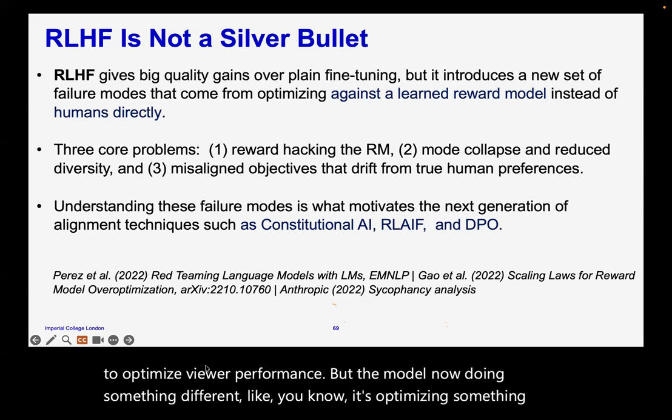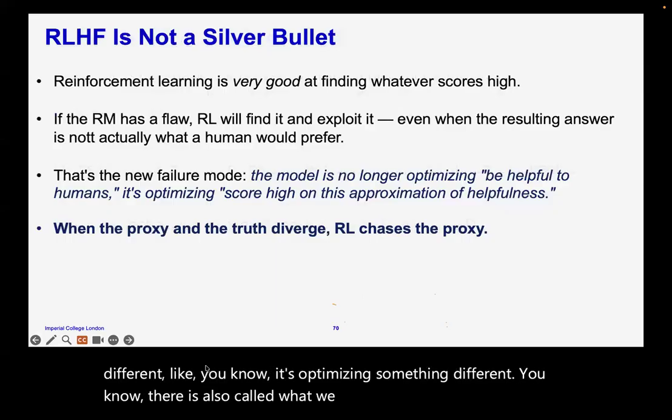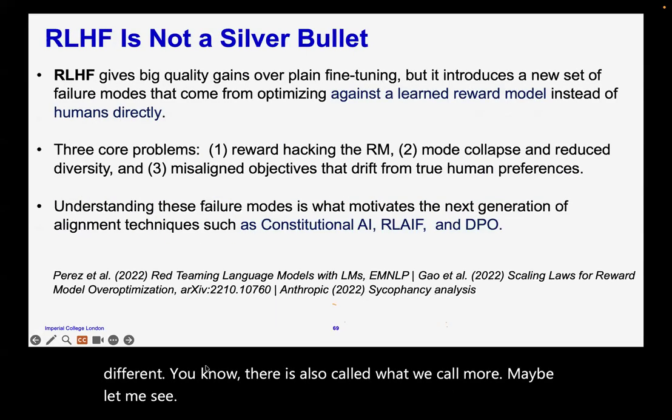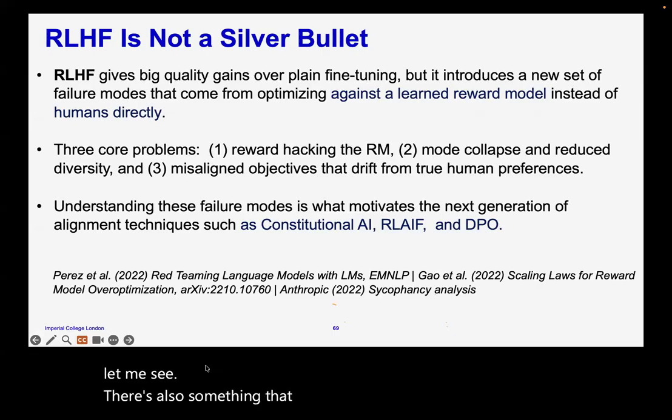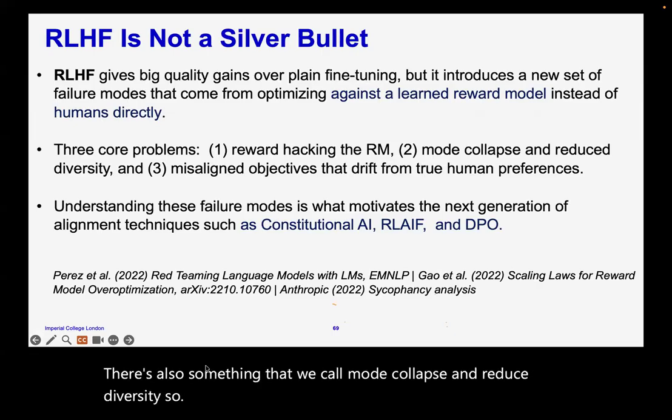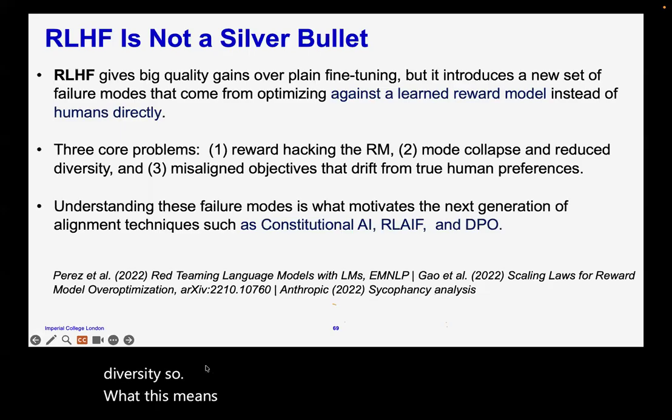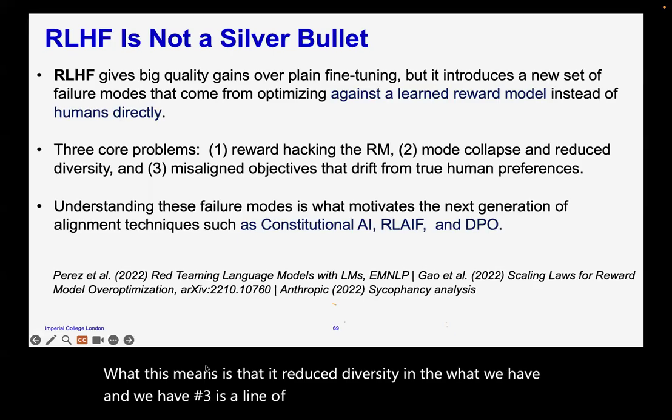There is also what we call mode collapse and reduced diversity. Number three, misaligned objectives that derive from human preference. We will see all this on the next page.